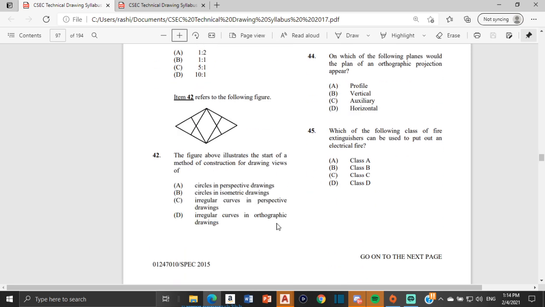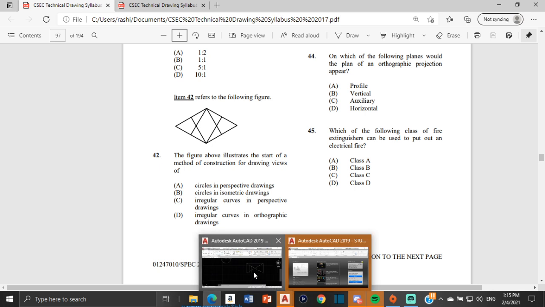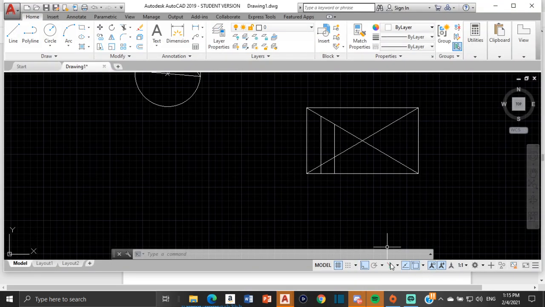All right, item 42 refers to the following figure. It says the figure above illustrates the start of a method of construction for drawing views of: A, circles in perspective drawing, B, circles in isometric drawing, C, irregular curves in perspective drawing, D, irregular curves in orthographic drawings? And the answer would be B, circles in isometric drawing. So let me show you. So here, let me turn on the isometric grid.